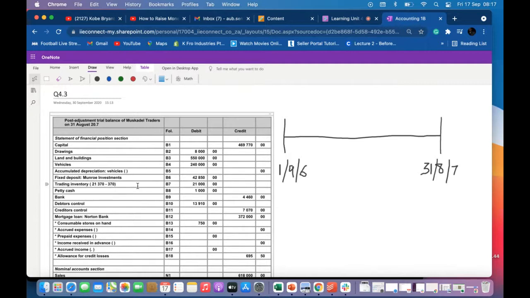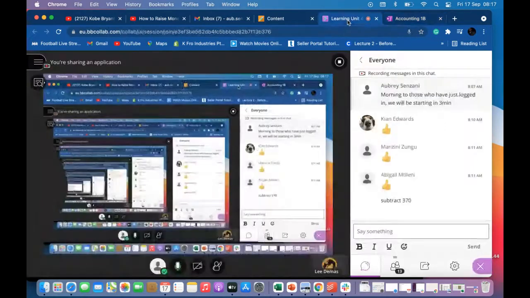Then we go to the next one. It says postage and stationery. Postage and stationery on hand is 750. Interesting. So what do we do here, guys? We have postage and stationery, that is 750 on hand. So basically what they're saying, during the course of the year, we were buying postage and stationery, which we know is an expense.